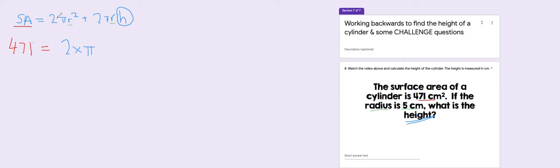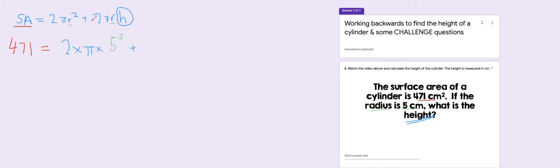So there's an invisible times here and here: 2 times pi times r squared. We said r was 5, so I'm going to replace r with the number 5 and the squared. Don't forget the squared. We've replaced it with the numbers from the question.